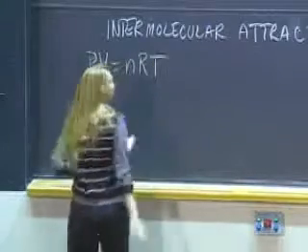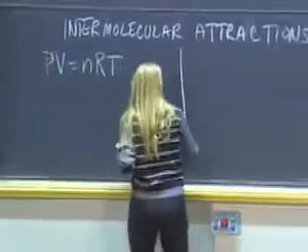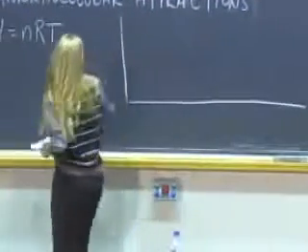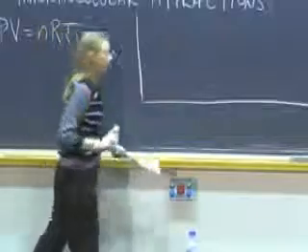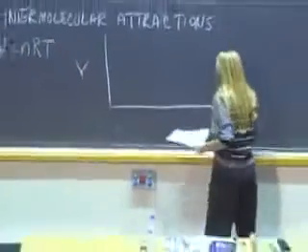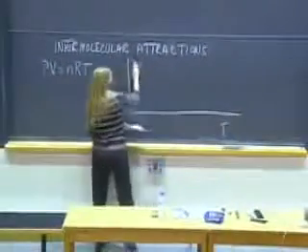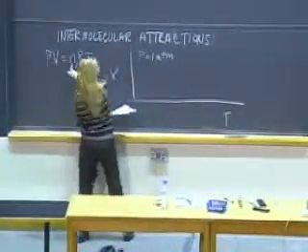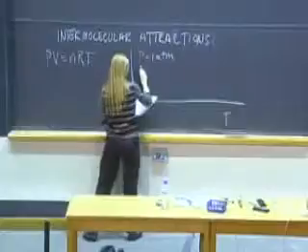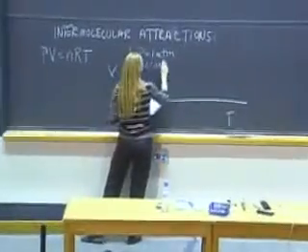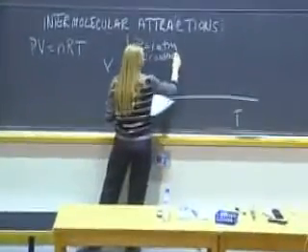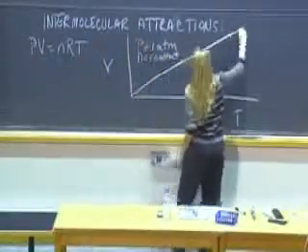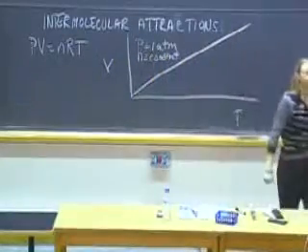Okay. All right. So you know PV equals nRT: if I made a plot of the volume versus the temperature, and I kept the pressure constant, say at 1 atmosphere, and the number of moles in my gas is constant, what I should see from that equation is a straight line.